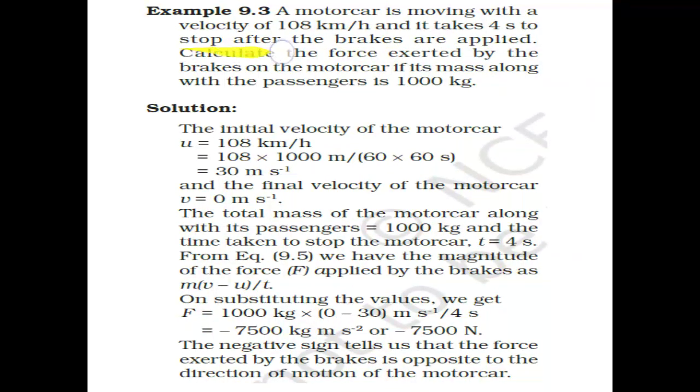It means the final velocity is 0. Calculate the force exerted by the brakes on the motor car if its mass along with the passengers is 1000 kilogram. So the first thing to understand here is that as the motor car was moving with this velocity, the initial velocity is more and the final velocity is 0.